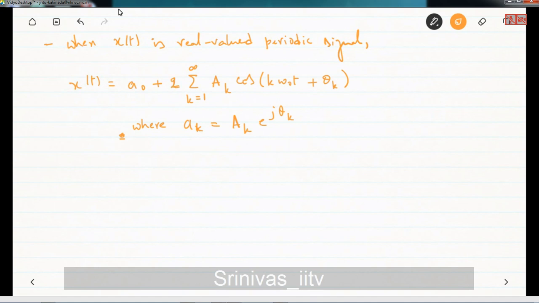So what is this capital A k and theta k? You simply find the small a of k and then express that in the polar form. So this is expressing a k in polar form.